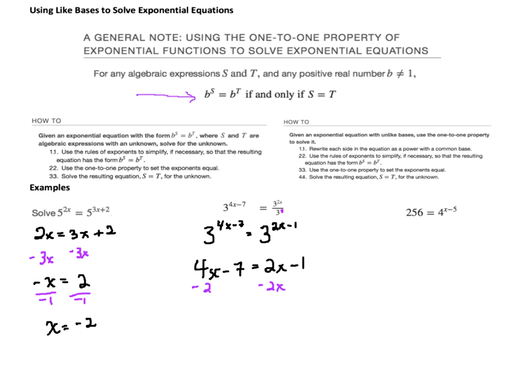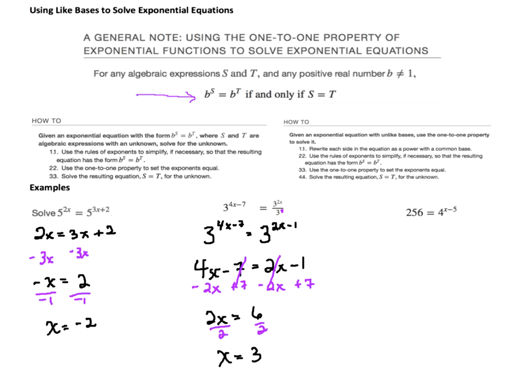So I'm going to subtract 2x from both sides and add 7. And that leaves me with 2x is equal to 6. Divide both sides by 2. And my solution here is x is 3.